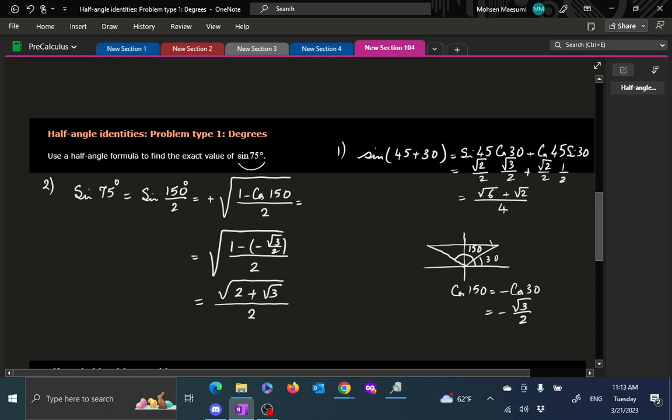Now we are facing a very interesting situation. We calculated this way, we got this answer. We calculated that way, we got that answer. And on the face of it, these two look very different. Are they really the same thing? And let's go ahead and investigate if they are the same or not. Okay, so we have a very interesting situation.